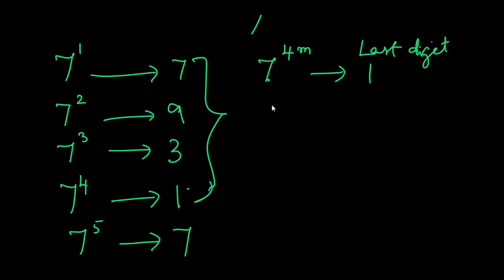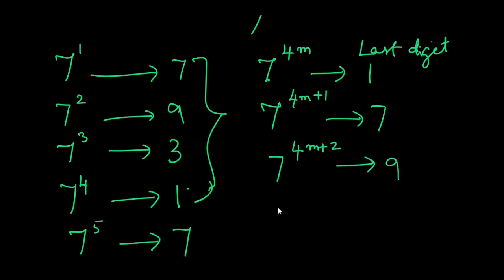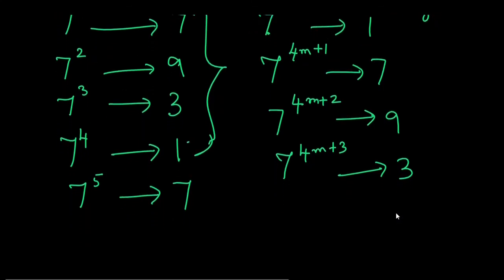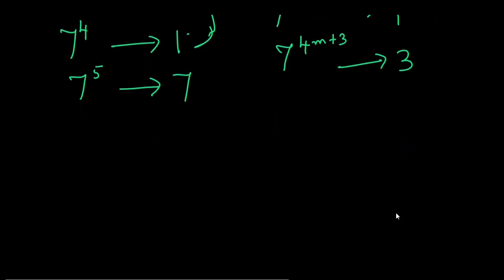So 7 power 4m plus 1, if it is in this form, the last digit is 7. 7 power 4m plus 2, then the last digit is 9. 7 power 4m plus 3, the last digit is 3. In this way, we can calculate it for 8, 9, etc. See you in the next video.